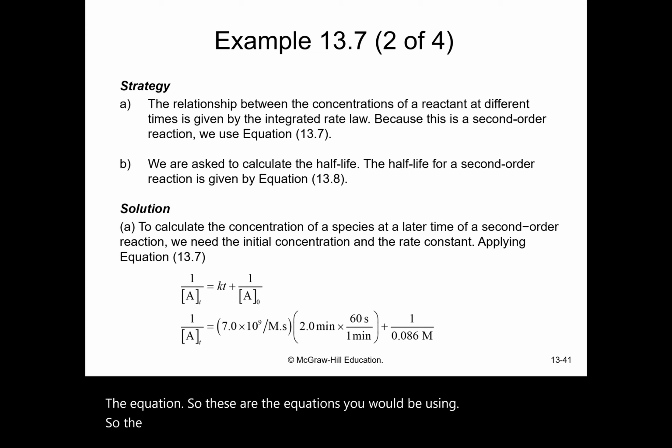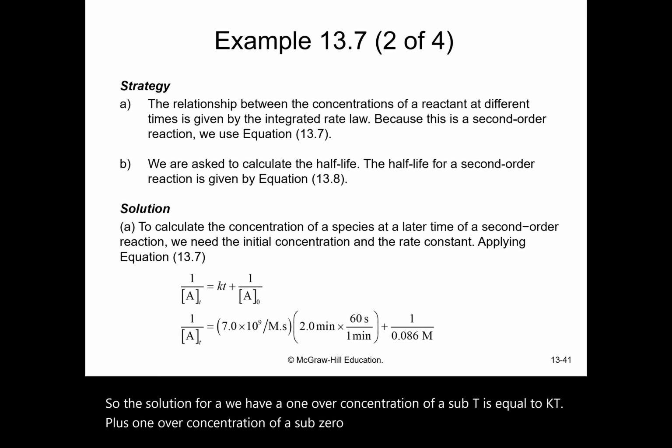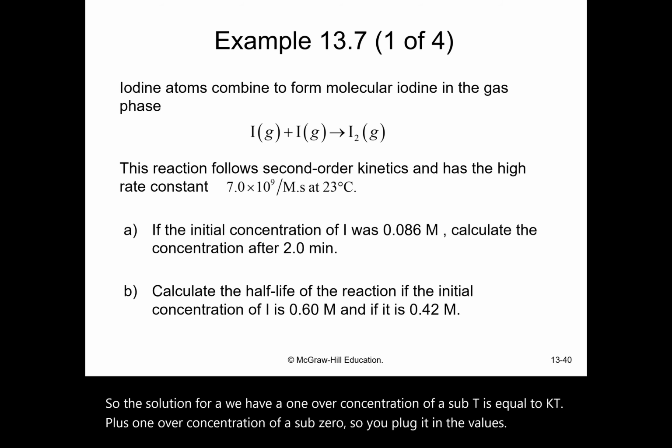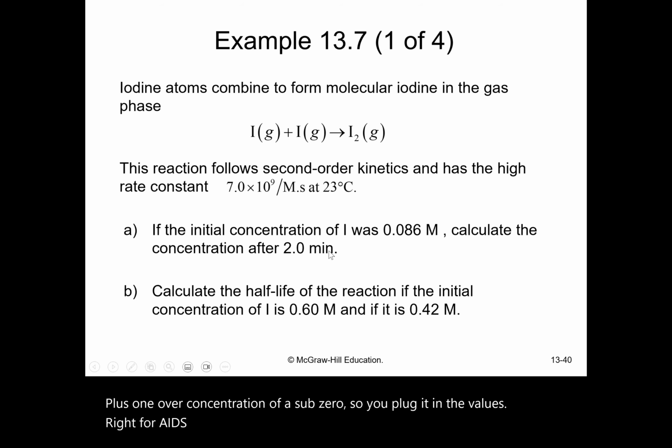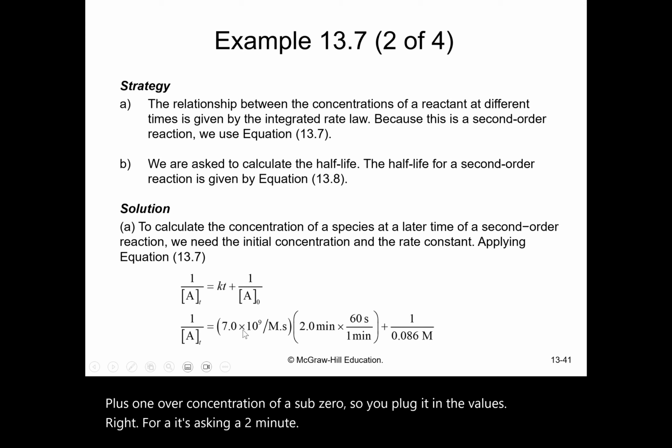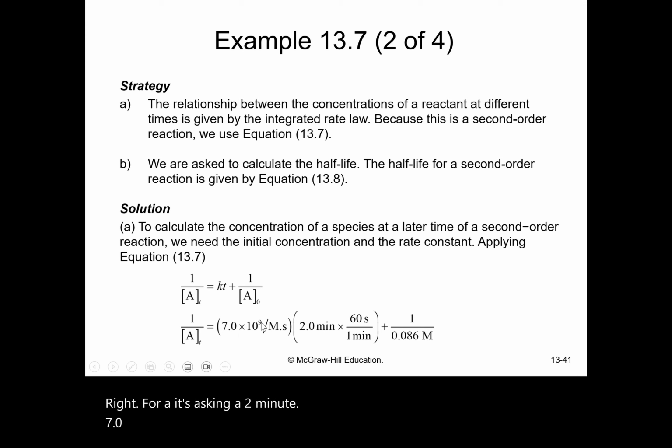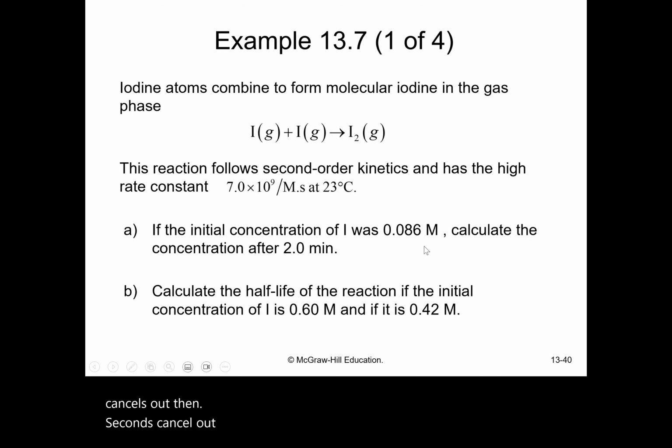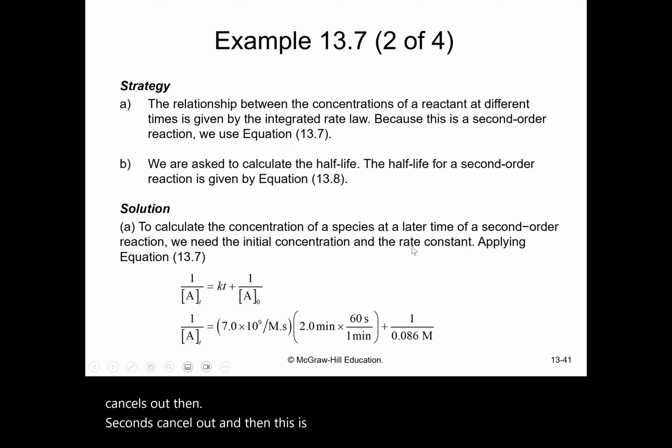So the solution for A: we have 1 over concentration of A sub t is equal to kt plus 1 over concentration of A sub 0. So you plug in the values. For A, it's asking at 2 minutes. 7.0 times 10 to the 9th is given, 2 minutes is given, we convert it to seconds, minutes cancel out, then seconds cancel out, and then this is also given to us right here, 0.086.